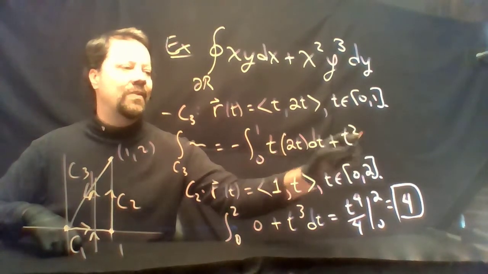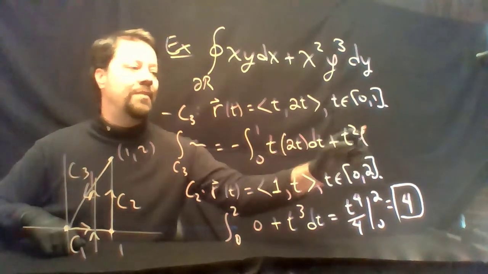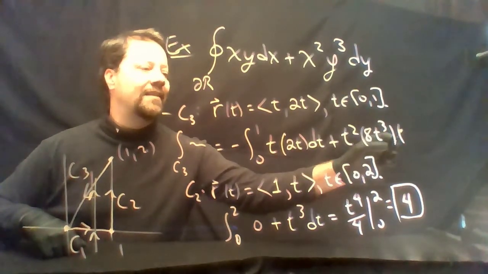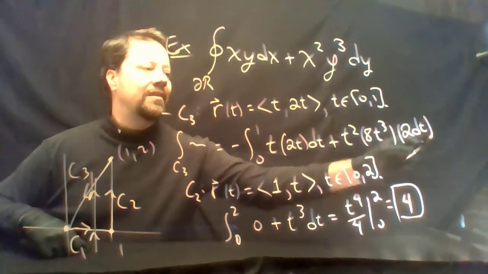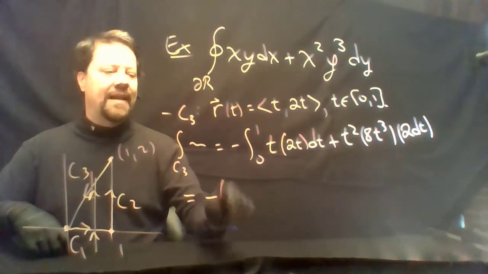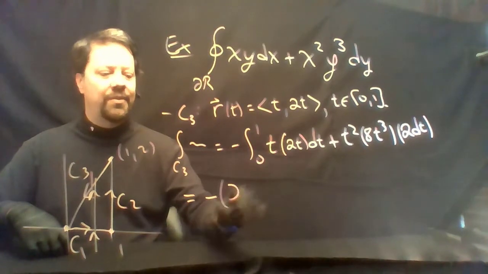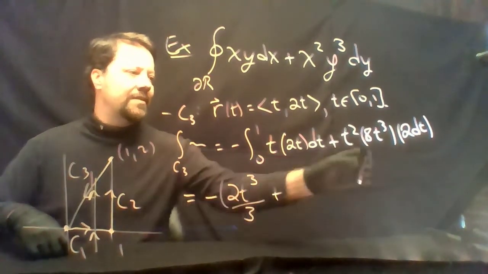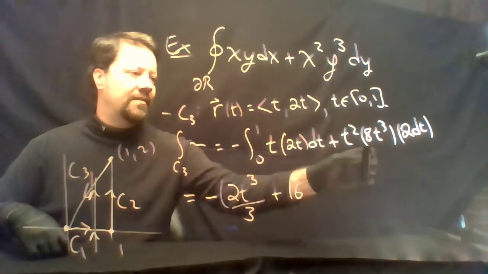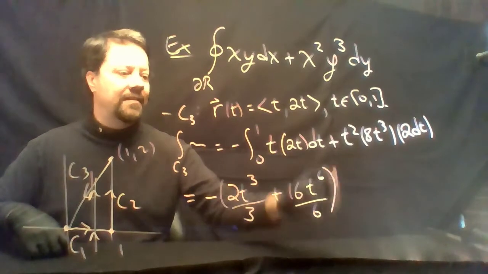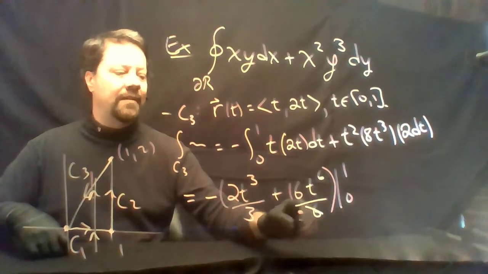X squared is t squared, y cubed is 8t cubed, and then dy is 2 dt. We'll have minus 2t cubed over 3 plus 16. We have t to the 5th, so it's going to be t to the 6th over 6, evaluated from 0 to 1.